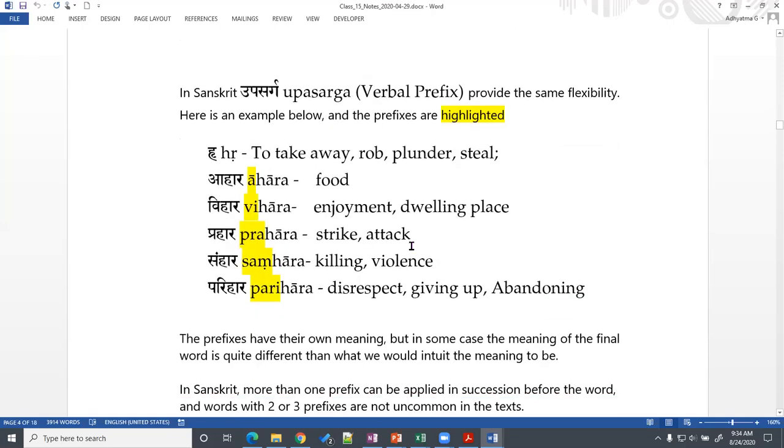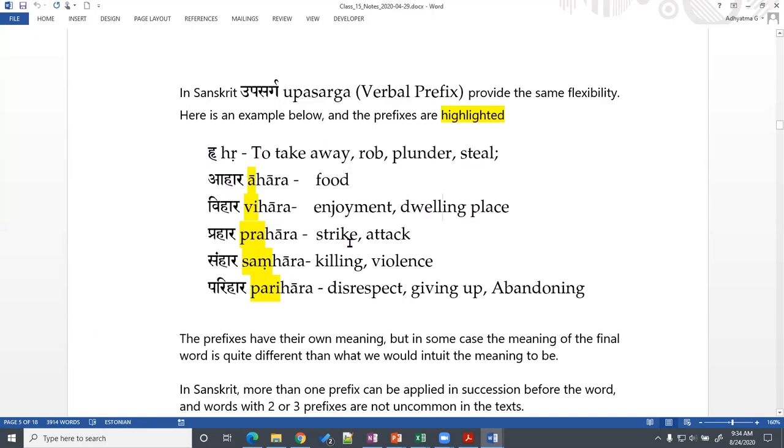So one example in Sanskrit for upasarga is here, hru. Hru means to take away, to rob, to plunder. But the same hru, when I put it with the prefix a, it becomes ahara, which means food. Vihara, which means enjoyment or dwelling place.